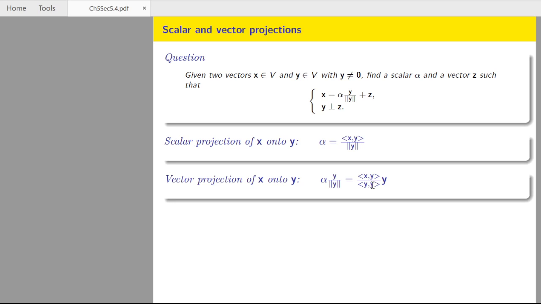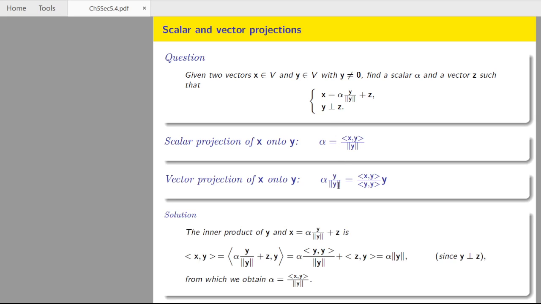Then the question is how to show this is true. The idea is similar to what we did in section 5.1. Here the treatment is different from the method in the textbook.